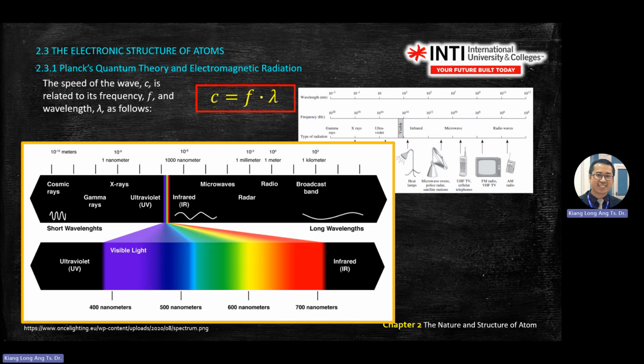Previous class we stopped at this spectrum, right? So c = fλ. c is the speed of light, f is frequency, and λ is the wavelength. We expect you to remember what c is, the speed of light, like what you remember for gravity, 9.81.